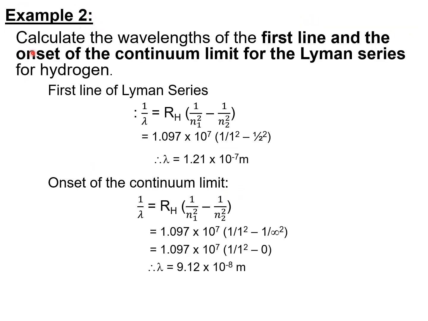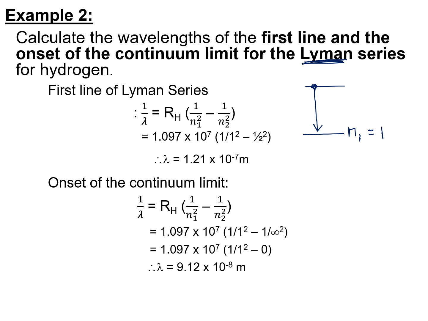Example kedua, dia suruh kamu cari wavelengths of the first line and the onset of the continuum limit for the Lyman series for hydrogen. Okay, Lyman series ni adalah bila let's say you ada electron at excited state jatuh dekat ground state, n1 equals to 1.